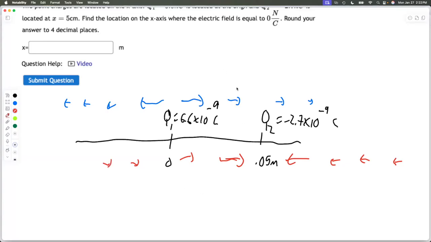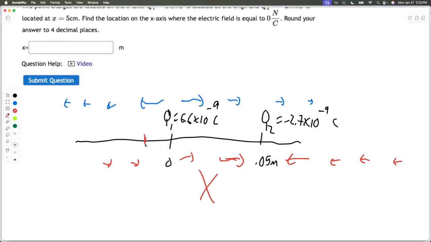Now, if we look in this region, those two different electric fields are going to add together, always pointing to the right. There's no way that the blue vector and the red vector will cancel out here in the middle. It's impossible. What about over here? Notice I've got a really big blue because I'm close to this guy, but a really small red because I'm far away from him. He's bigger.